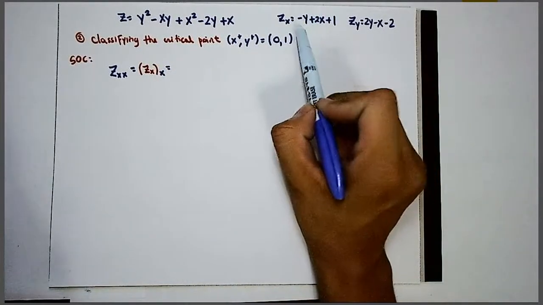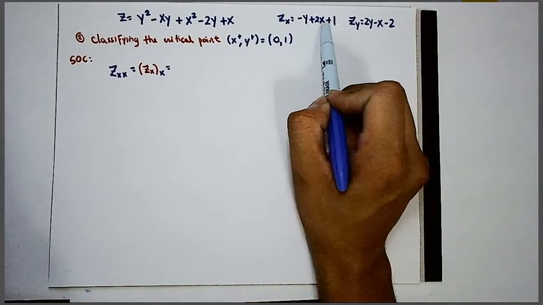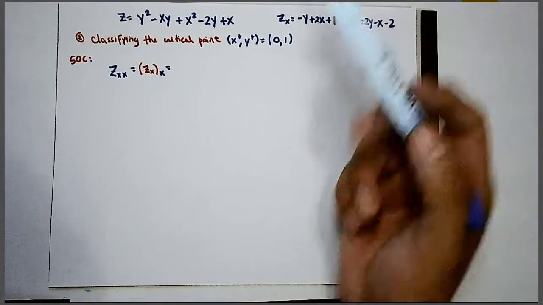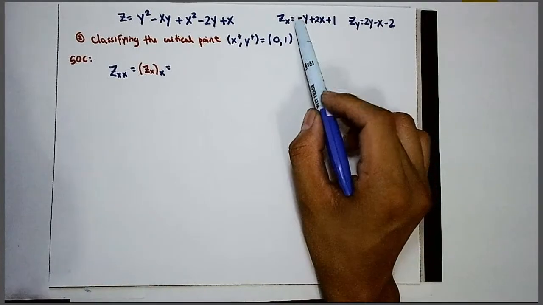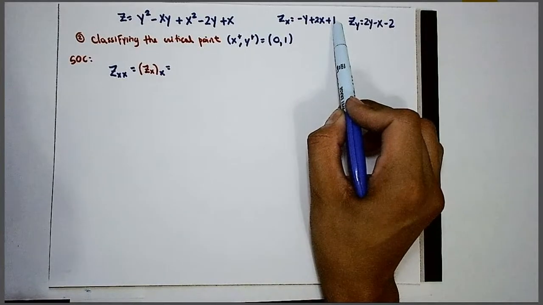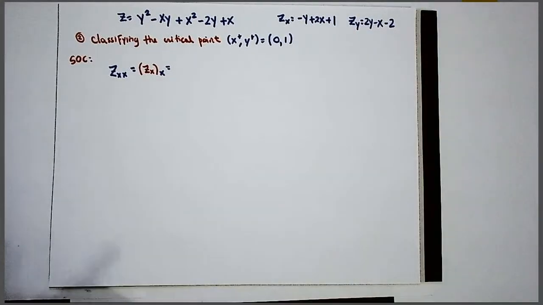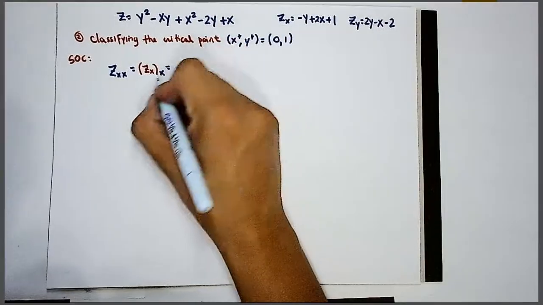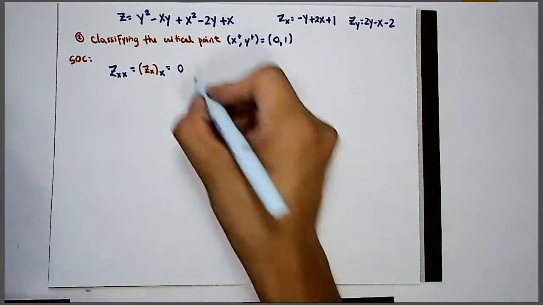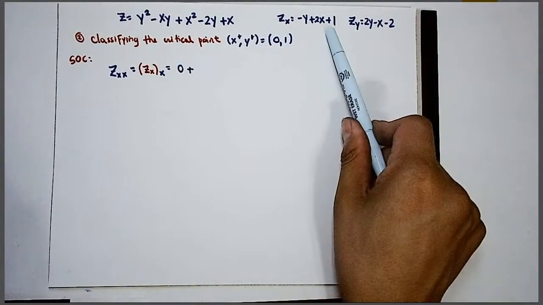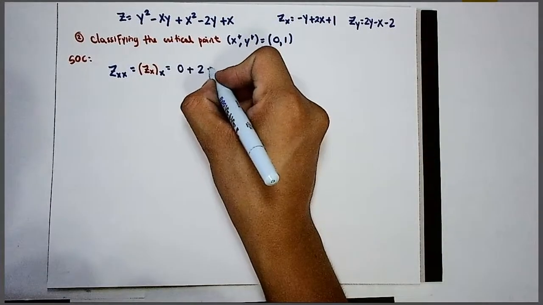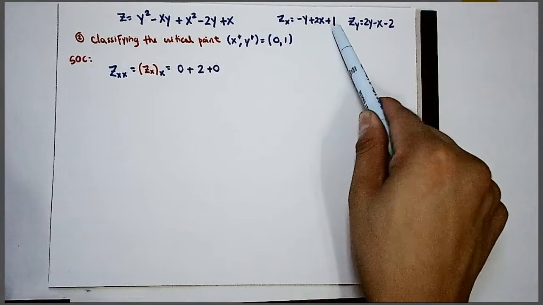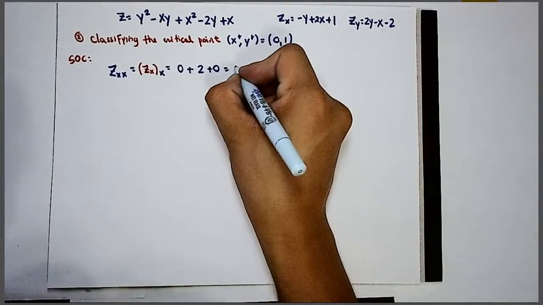Now, the first partial with respect to x, we already have it. We found it in the first order condition. So let's take now the derivative with respect to x again. So here, the derivative of y with respect to x is 0, plus the derivative of 2x with respect to x is only 2, plus the derivative of a constant is 0. So this is simply 2.